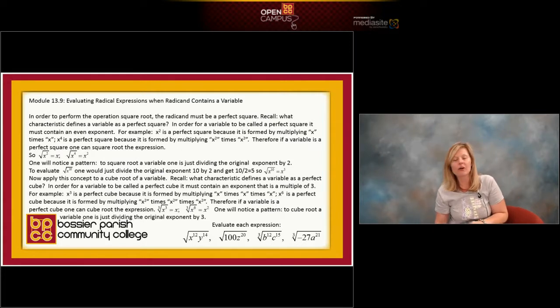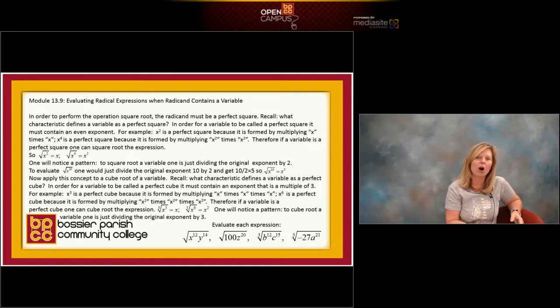Now, not only does it work with square roots, it works with cube roots. If you recall, the only term you can cube root is a term that's a perfect cube. We went through our list of perfect cube numbers, but now we have to recall what makes a variable a perfect cube. Your first perfect cube was x cubed, because it's formed by multiplying x times x times x.